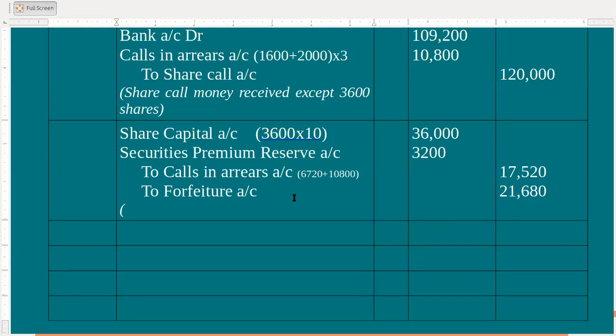Okay, what is the narration you can provide here? Shares for 3,600 shares of Mukesh and Kamal forfeited. 3,600 shares forfeited. Why?